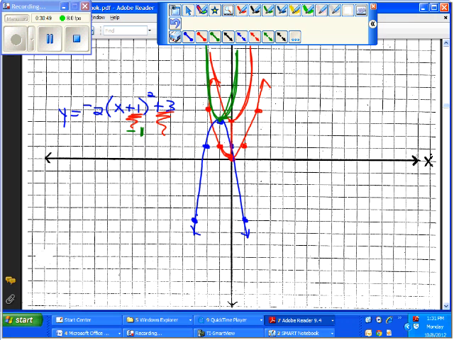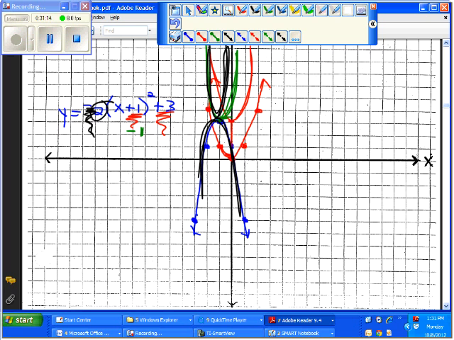And then, what happens when we make that a 2? It gets steeper. The wings fold in. Remember that? What happens if your A is positive? It opens up. But what happens if A is negative? It opens down.